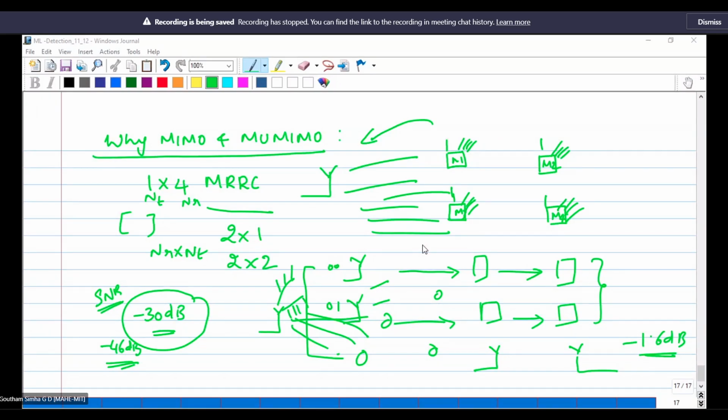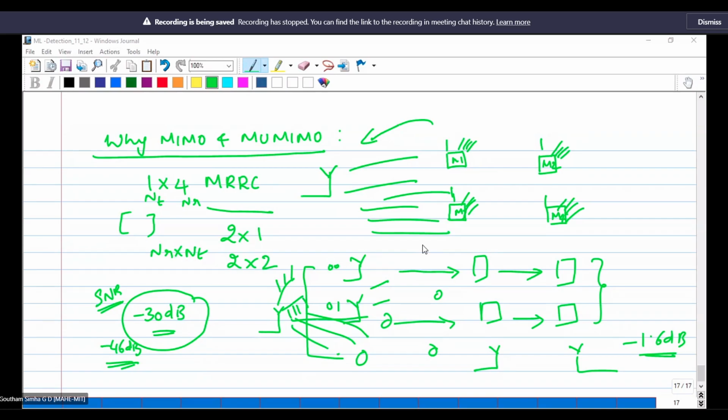Now, from my portion, what you have to do is study selection combining and MRC. That would be fine. In selection combining, you have two varieties: switch and stay combining, and selection combining.